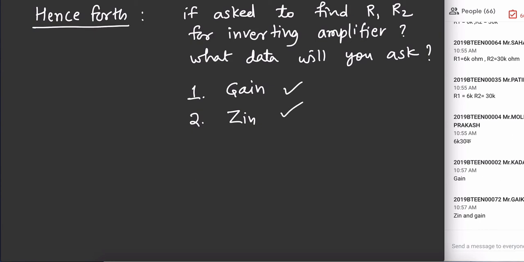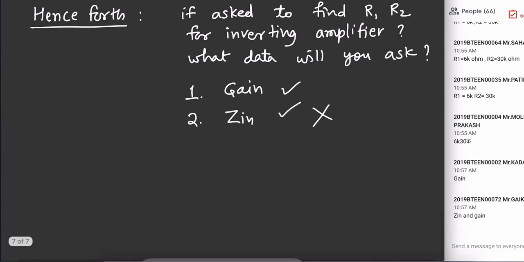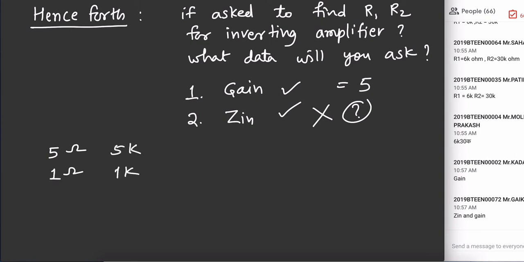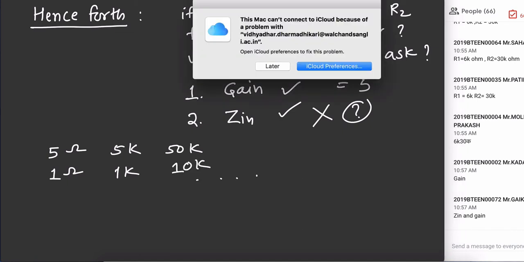If you don't know that, then I will decide that. For example, the gain is, they told you the gain is 5, and the input impedance, I don't know, whatever you want to decide, you decide. Then you will choose, there are various options: 5 ohms, 1 ohm, then 5K, 1K, 50K, 10K.